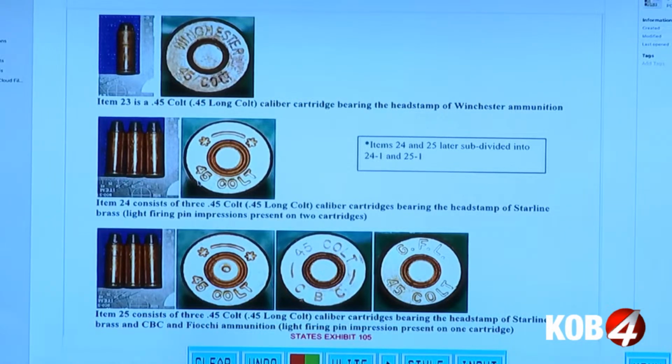Based on the information that you received that went along with these cartridges, where did these cartridges come from? May I refer? Go ahead. These cartridges are described as having come from Seth Kenny.